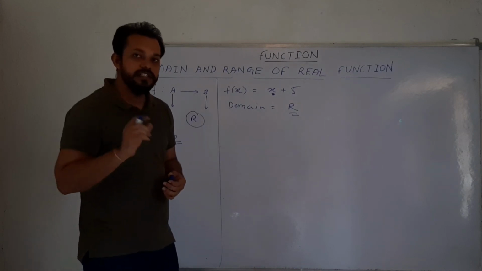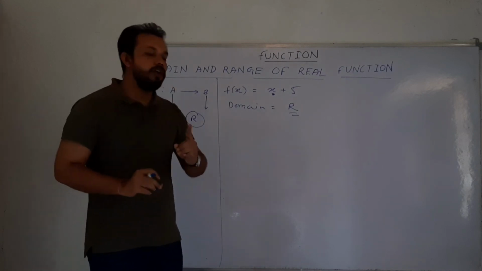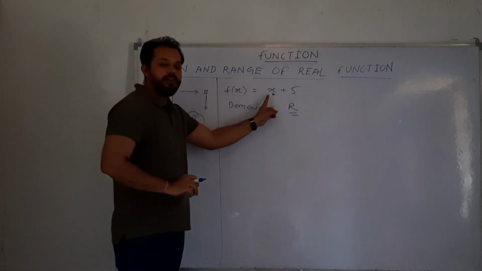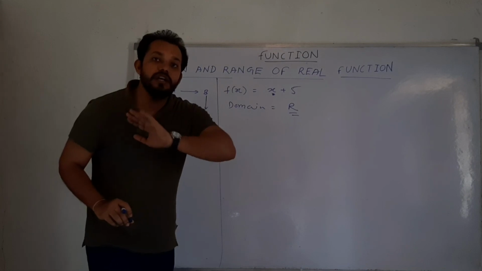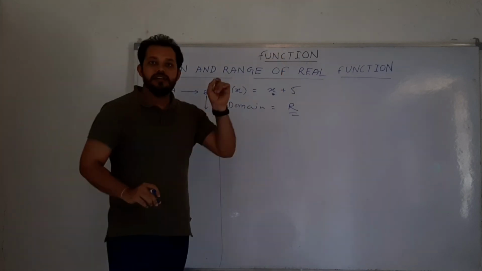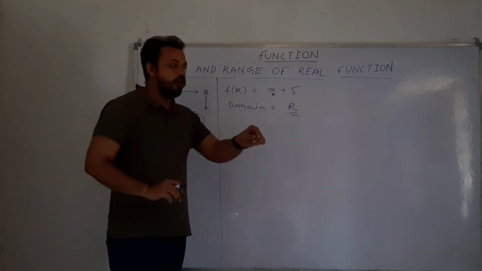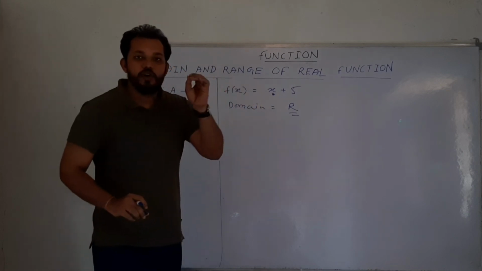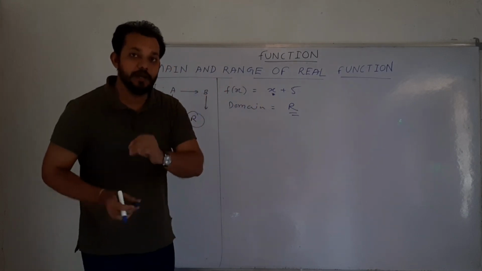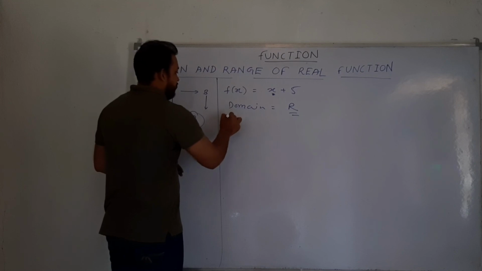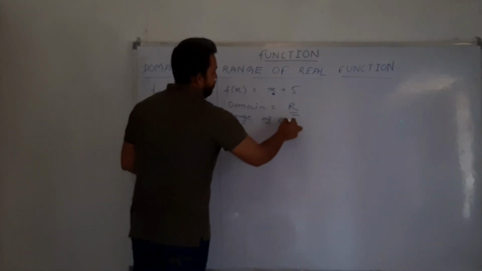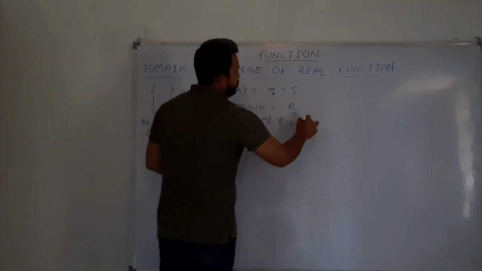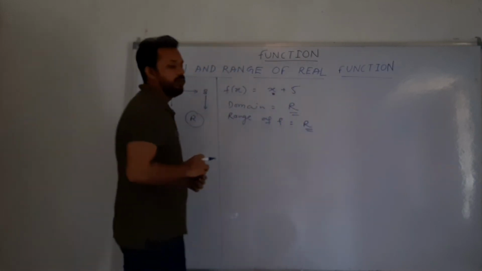And its range: if we put the set of all real numbers in place of x, then we will get all real numbers. That means the range of this function is also the real numbers. So we can say that the range of f is also the real numbers.